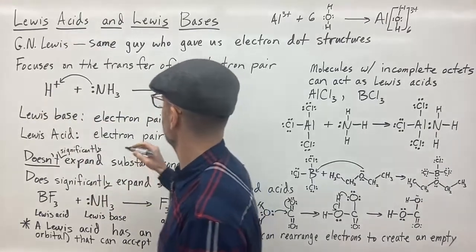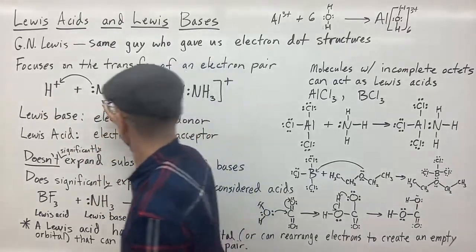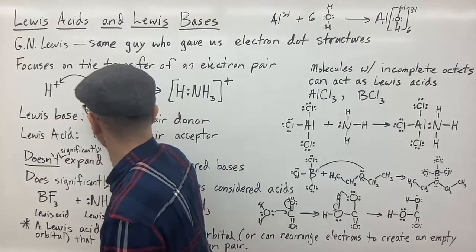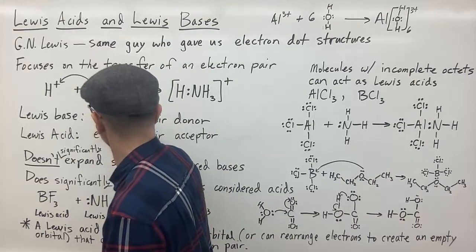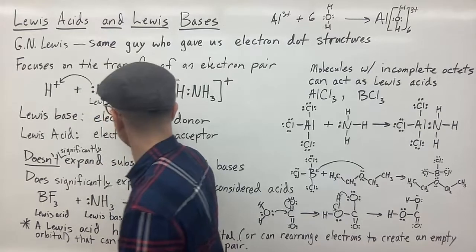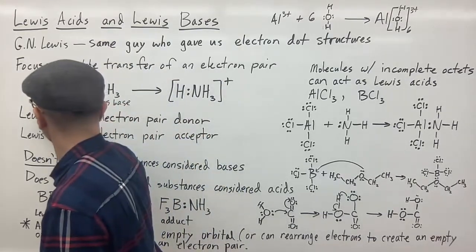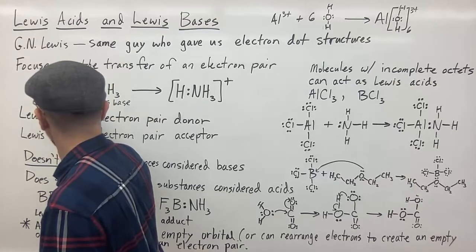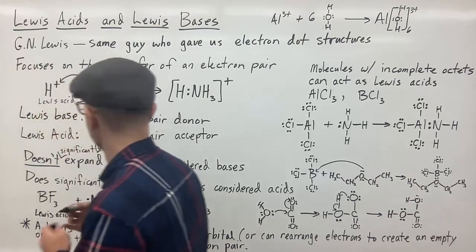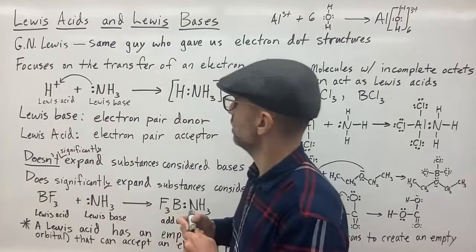Therefore, NH3 as the electron donor would be the Lewis base, and H plus ends up being a Lewis acid because it is accepting the electron pair.